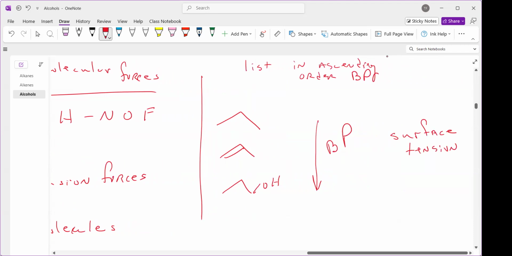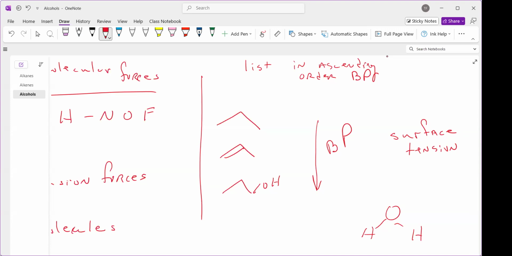Surface tension is how sticky the surface is. The higher the IMF, the stickier the surface is. Now, if we look at something like water, water is incredibly sticky because it's got not only one OH group, it's got two OH groups, two oxygens or two hydrogens participating in hydrogen bonding.